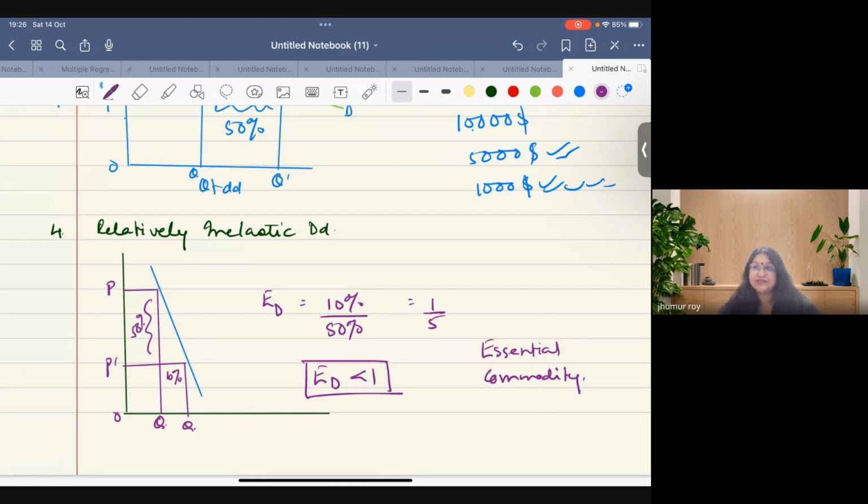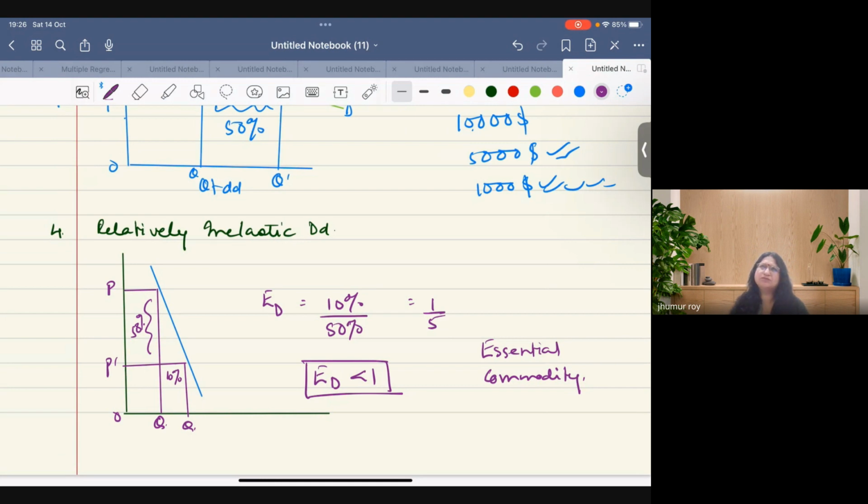We will not change the amount that we are eating. Okay, so many of the things that we buy in our house are constant in nature. The amount of oil that you require for cooking, or the amount of rice that you require, generally, if you talk about food articles, you'll find that you are talking about relatively inelastic demand.